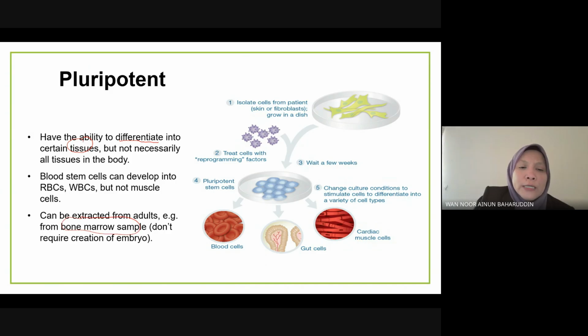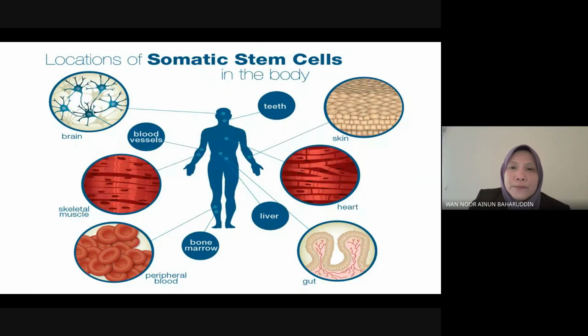Daripada bone marrow ni kita akan ambil isolate contoh daripada patient dan grow inside the dish, treat cells with programming factors, wait for few weeks. Dia akan tengok daripada tisu, dia akan going to change the culture condition, dia akan stimulate untuk keluarkan differentiate into a variety of cell types.